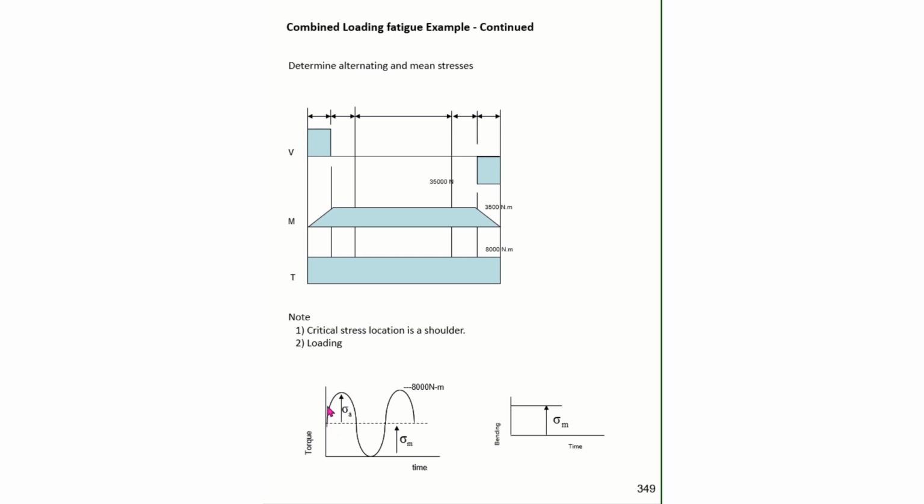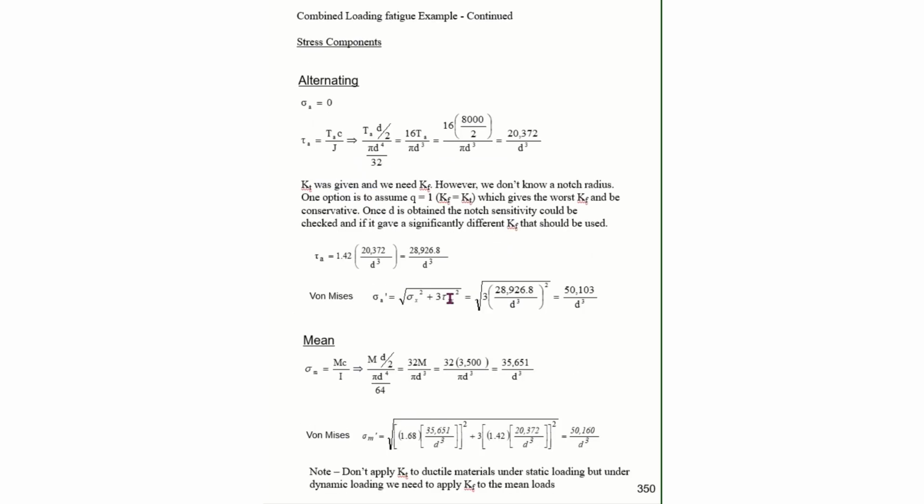Here I'm showing that the torque is alternating between a 0 and a maximum value. And I can see that the bending stress is a constant mean stress. There is no alternating component on the bending stress. So I'm now going to break the components up into the alternating and mean parts.